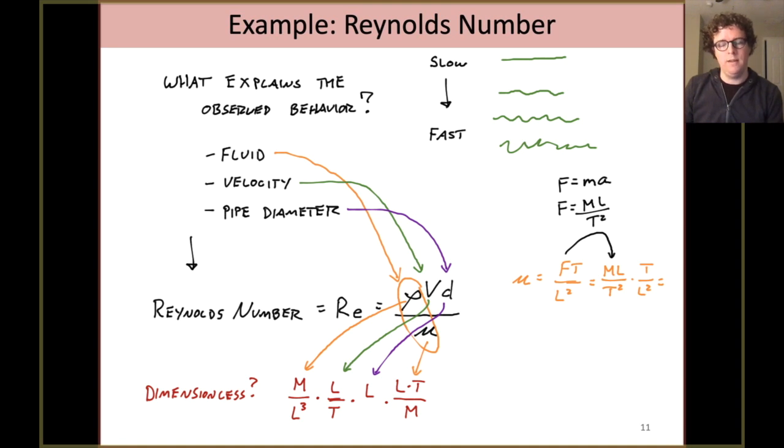So that's how I think about switching my F's to M's or my M's to F's in a problem. So we can go through here and we can cancel out those 3 L's on the top with 3 L's on the bottom, T's and M's, and prove to ourselves it is indeed unitless.